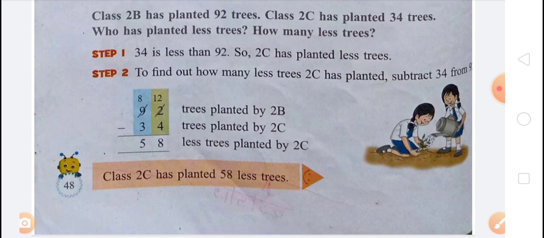So you have to subtract 34 from 92, and 92 is the number of trees planted by second B and 34 is the number of trees planted by second C. On subtracting 34 from 92, 4 can't be subtracted from 2, so we have to regroup 9 tens 2 ones into 8 tens 12 ones.